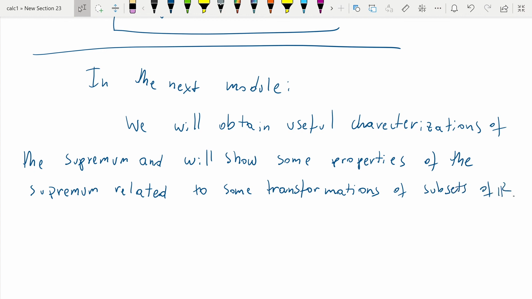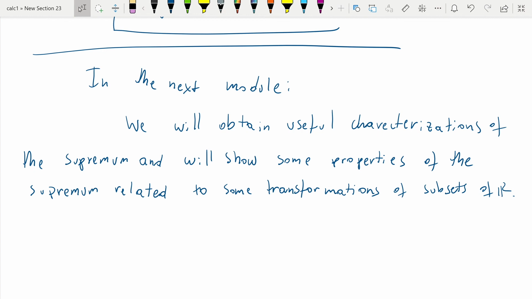So what do we mean by this? Useful characterizations: of course we already have a definition of the supremum, the least upper bound. But in practice, when we want to show that something is a supremum, it may be more convenient to consider something that actually implies that, based on if and only if.